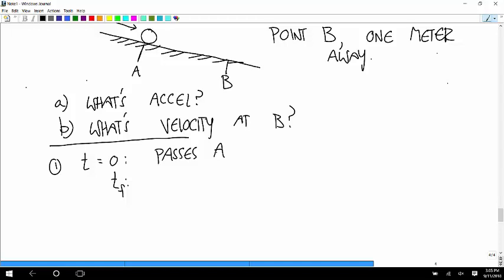It's easy because that's where we are given a bunch of information. We know the speed there, we can turn that into a velocity. We know the position in comparison to B. So we're given information there. And what do we want to call time final? Yeah, the instant it passes B.